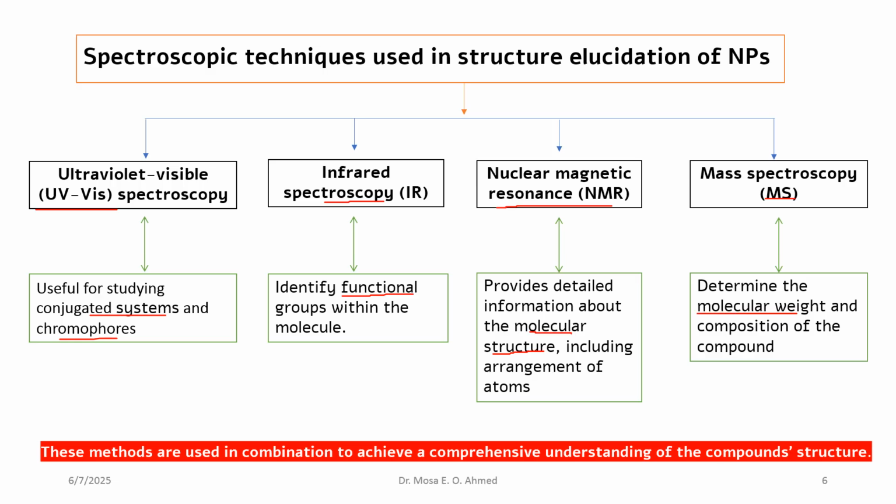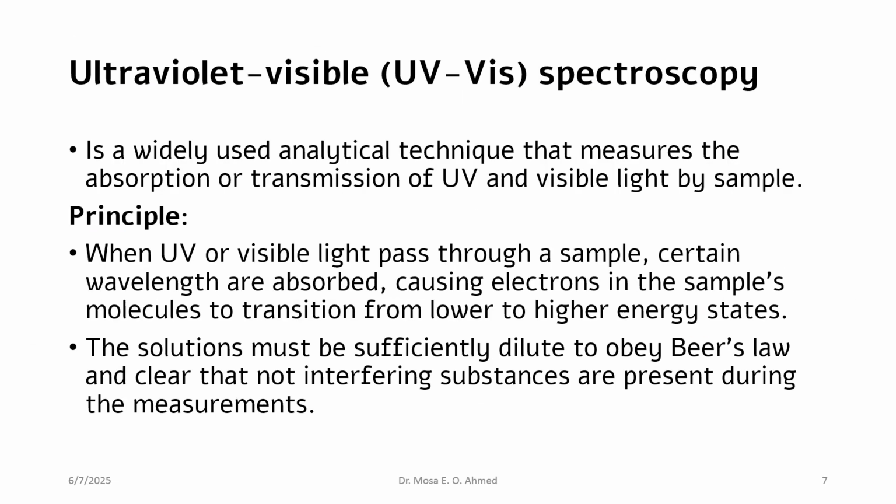In general, these methods are used in combination to achieve a comprehensive understanding of the compound structure, because no one spectroscopic technique is enough to determine the whole nature of the compound. We need a combination of these techniques to identify the structure of the compound.